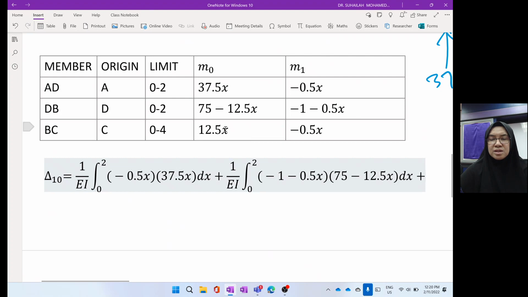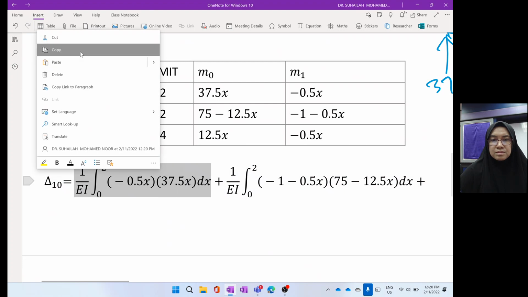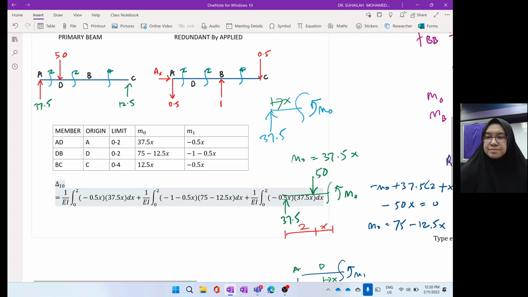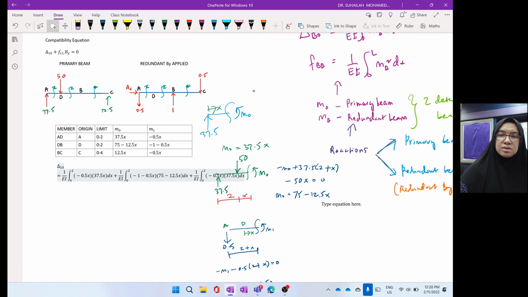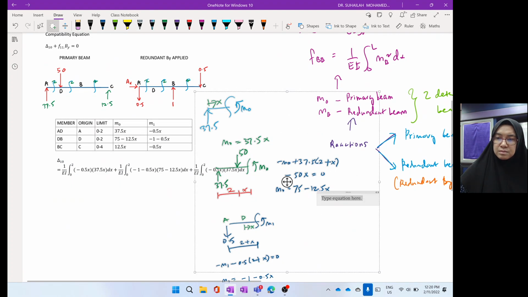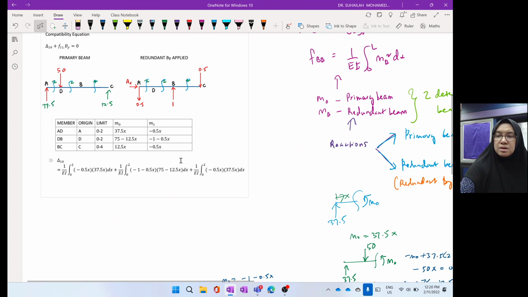Okay, and we have the third section. The third section. Oh, this one also I changed. This calculation I changed a little.